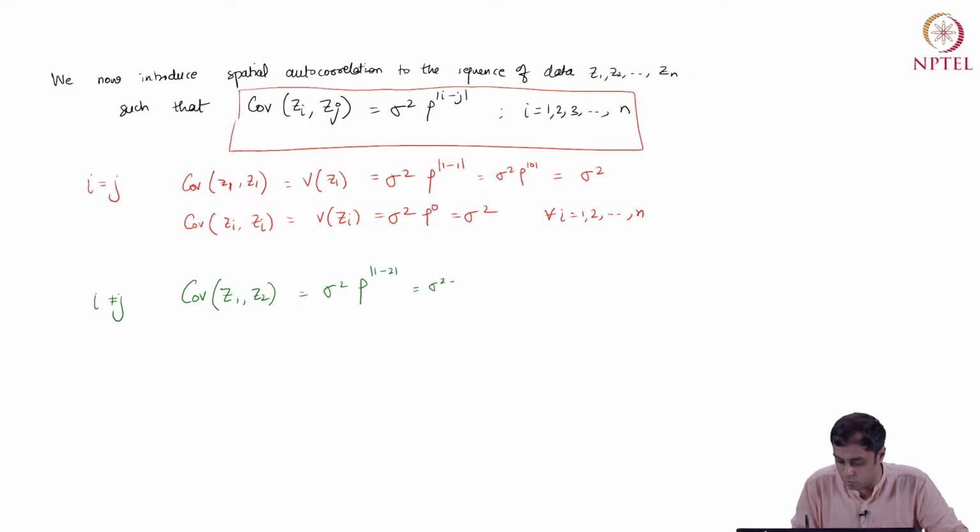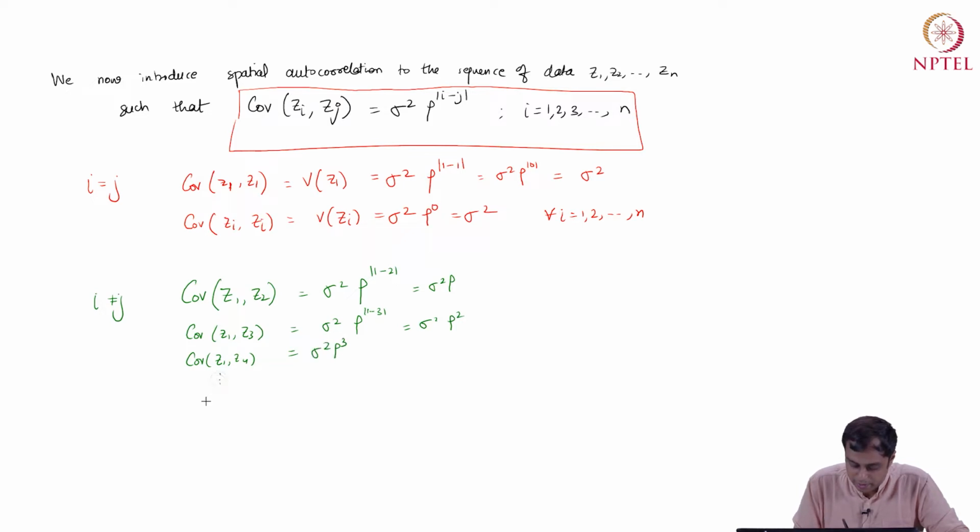So we have sigma squared rho. If I look at the covariance of Z1 and Z3, I will have sigma squared rho to the absolute value of 1 minus 3, which is sigma squared times rho squared. And then the covariance of Z1 and Z4 will simply be sigma squared rho cubed, and you can keep going. The covariance of Z1 and Zn will be nothing but sigma squared rho to the n minus 1.